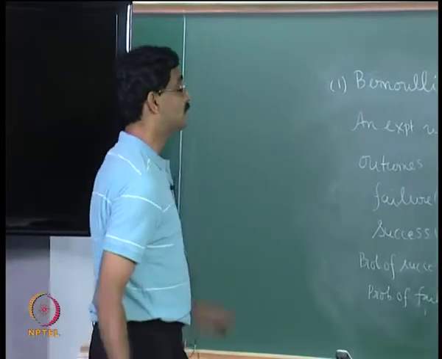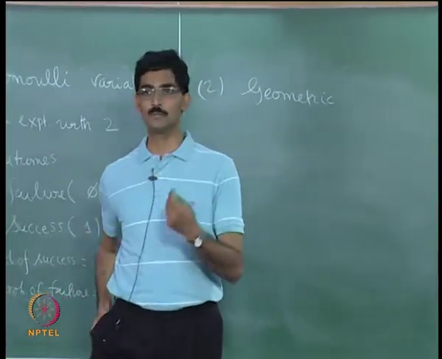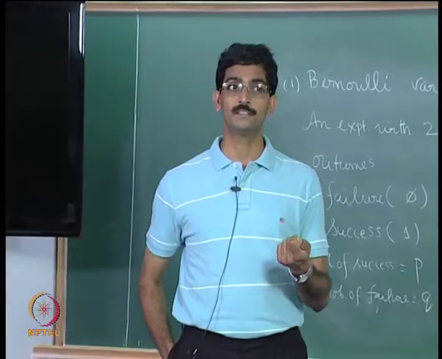The geometric variable is used when you repeat Bernoulli some number of times, x times, n times, and so on until the first success.